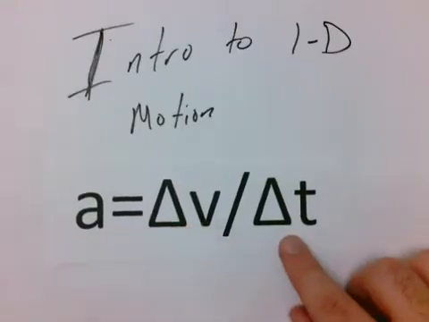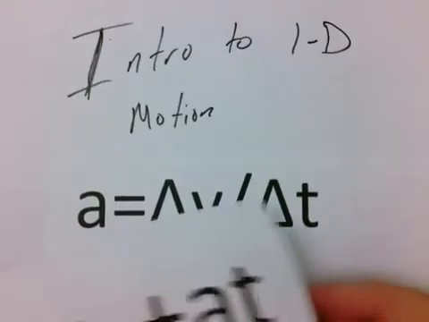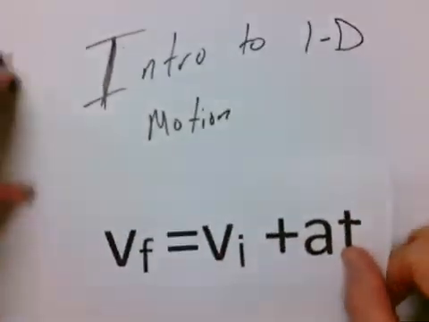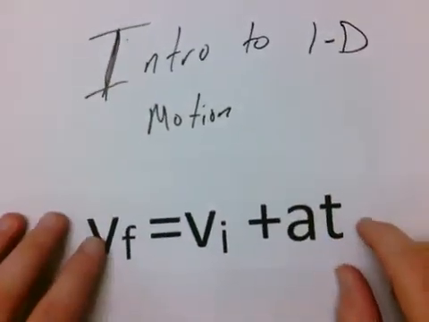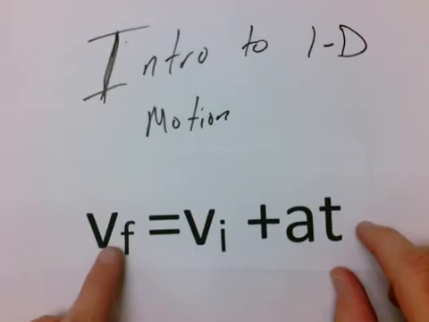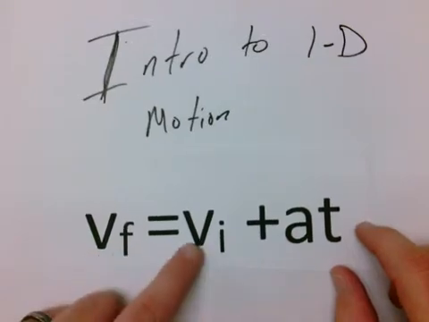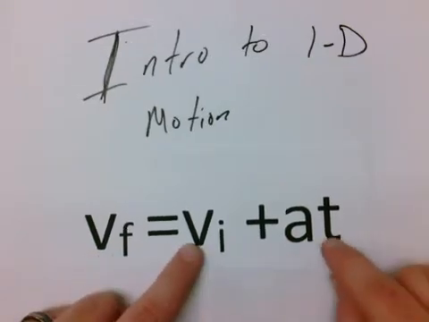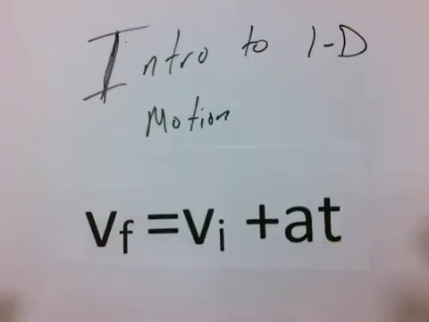Now this equation can also be changed so it looks like this. And now you have the final velocity, the initial velocity, the acceleration, and the change in time. But it's pretty much the same equation, just changed around algebraically.